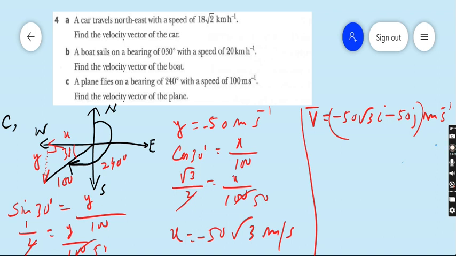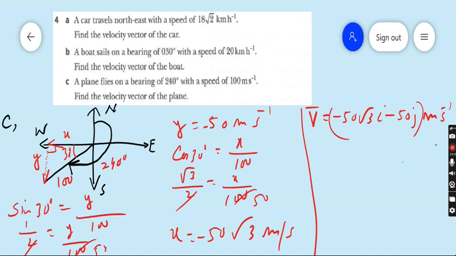This is the answer of part C: minus 50 root 3 i minus 50 j. So hope you understand this very important question. Here we learn how to find the velocity with the help of given speed.